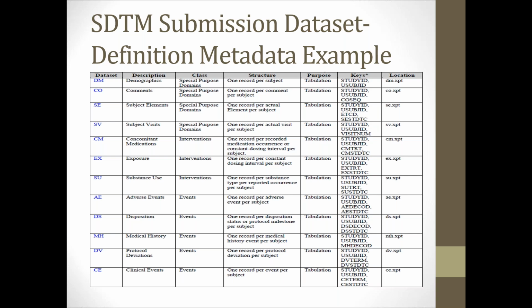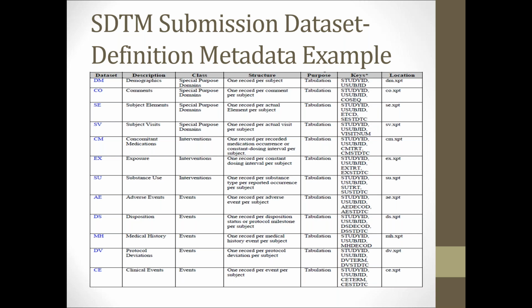Next, you can see here MH, medical history. One record per medical history event per subject. Suppose subject number 1 has a cardiac surgery. All that information we will store in medical history events. It is an event, so it will be stored in the medical history domain.